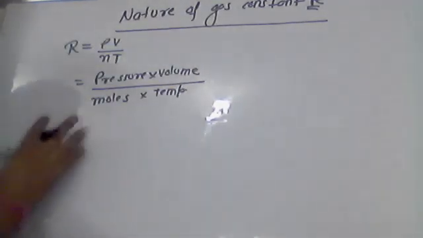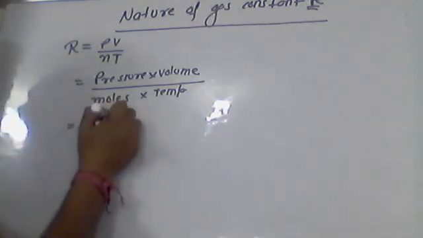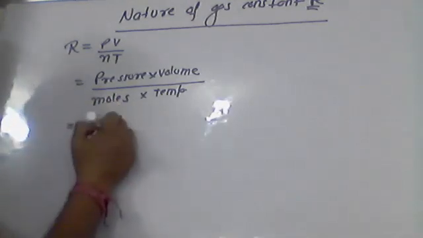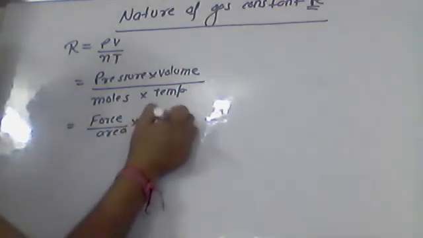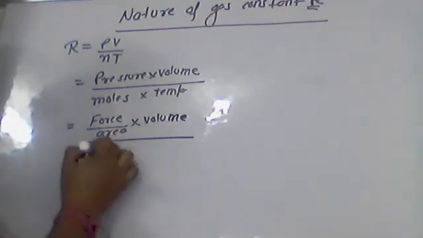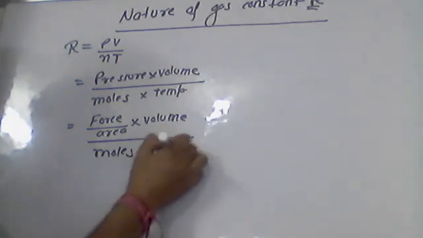Further, we are going to find out the nature. I'm going to derive one relation. Pressure is basically force per unit area. So R is force per unit area into volume, divided by number of moles into temperature.